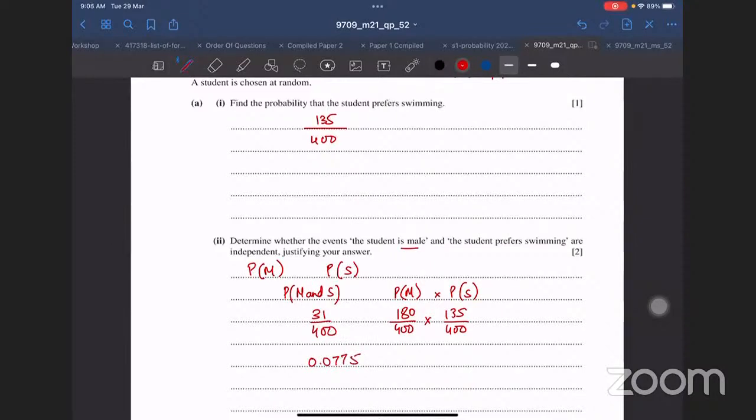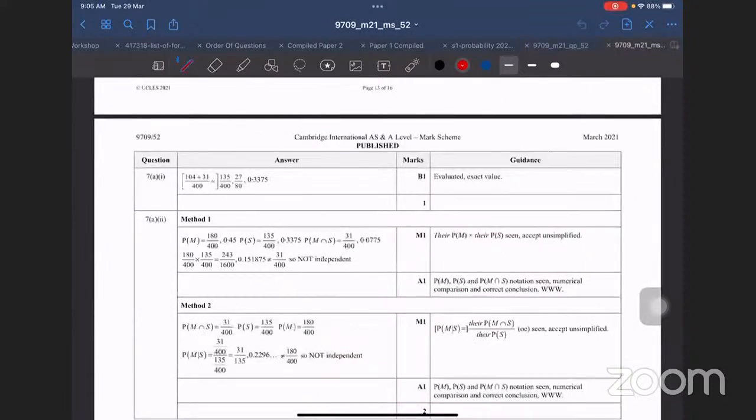And this gives me 0.152. They're not equal, therefore not independent. Okay, I have the right numbers.